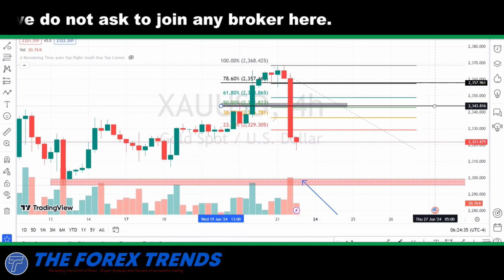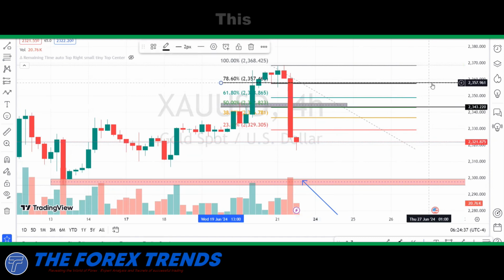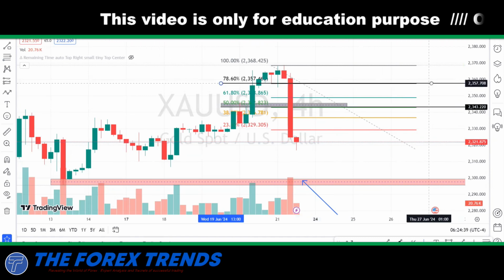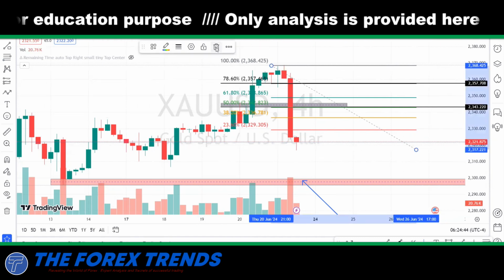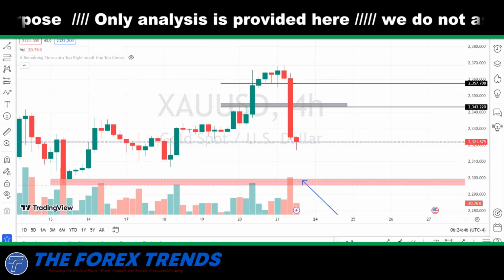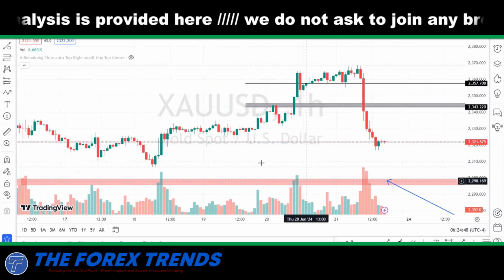This black line is our 50% level, and this black line is our OT level, that is 78.60. Let me shift to the 1-hour frame to find the trades.